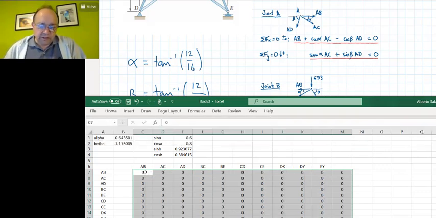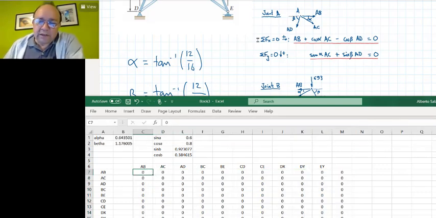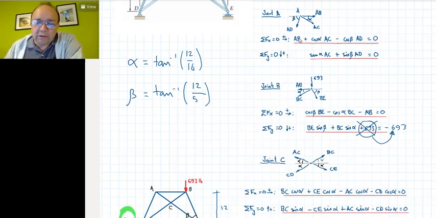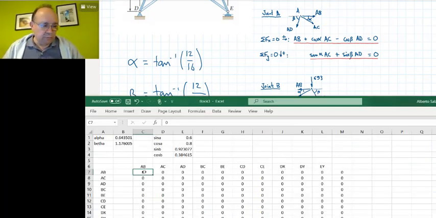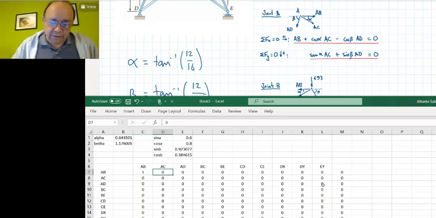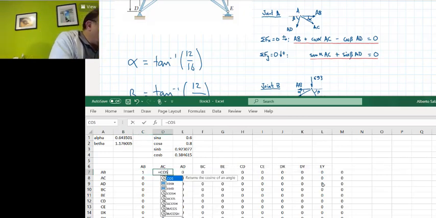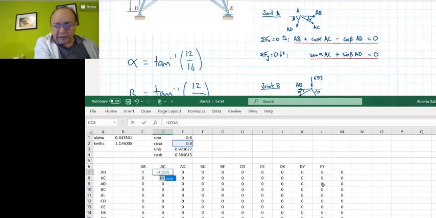Okay, so let's start by filling out the first equation, this one right here. AB is multiplied by 1, so here I'm going to put a 1. Then AC is multiplied by cosine alpha, so here I will put equals cos A. That's the variable that I created for cosine alpha.